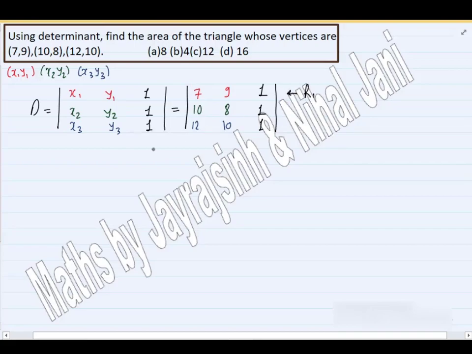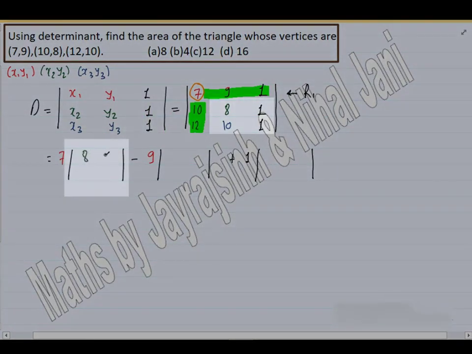Let's expand with respect to first row. So 7 determinant, then minus second element 9 determinant, finally plus 1 and determinant. Now it's time to fill the determinant. First one is filled by 8 1 and 10 1.